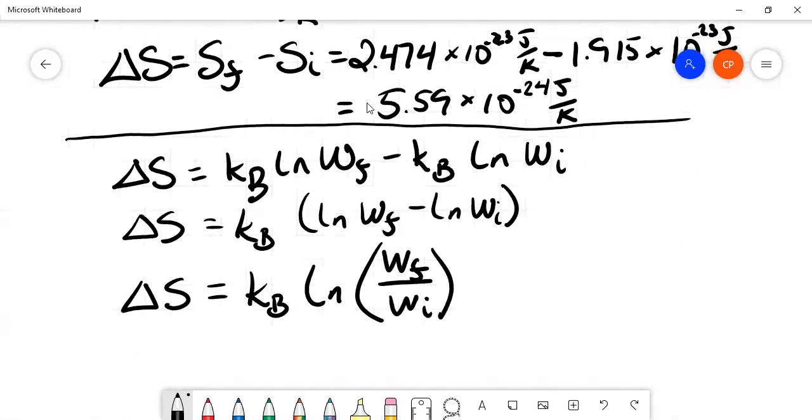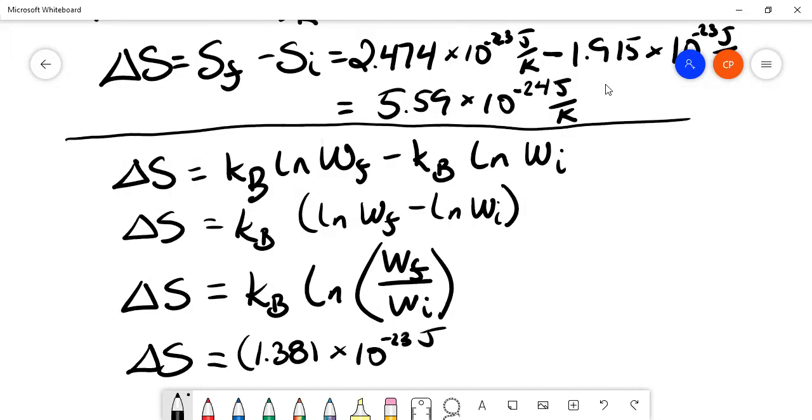Now, it turns out I've just done a delta S computation for one example up here, for a W of 6 as final and a W of 4 as initial. So let me try that and see if it works in the same way. Let me take 6 divided by 4.